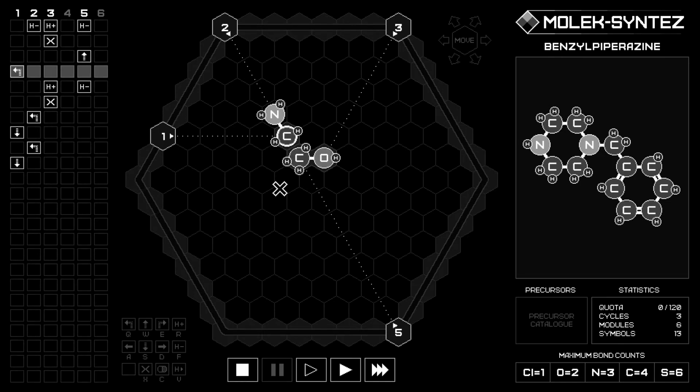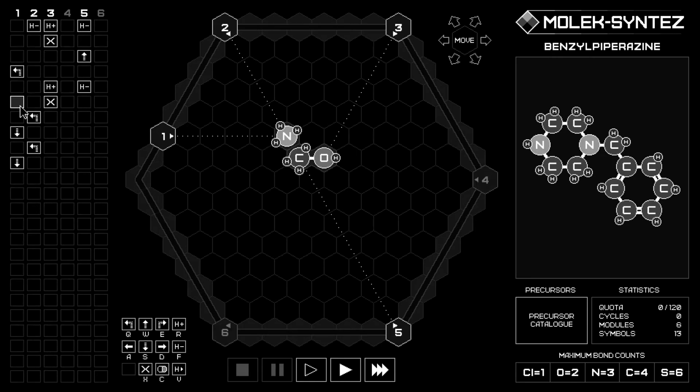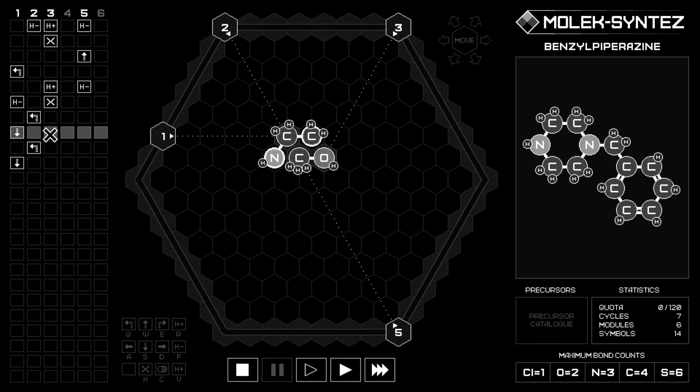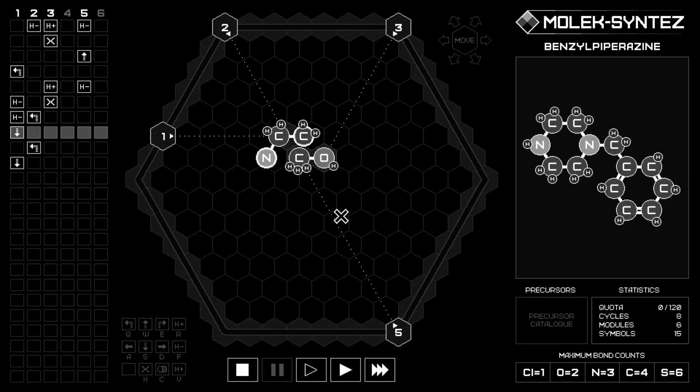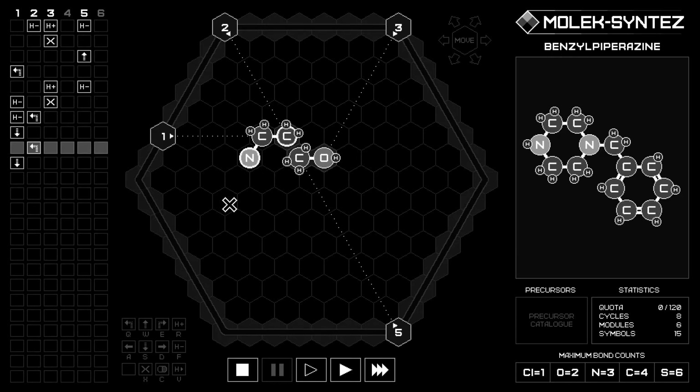So once this carbon has bonded in, it's okay for us to remove that. And actually, it's starting to look like this will maybe be the nitrogen with none, so let's do that. Yeah.